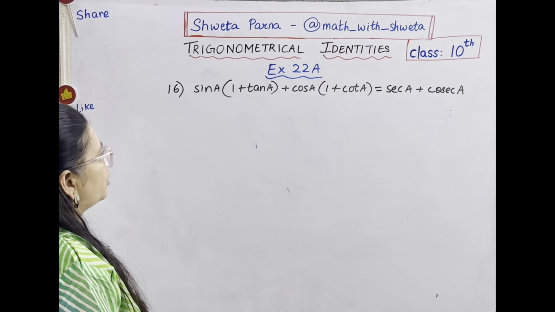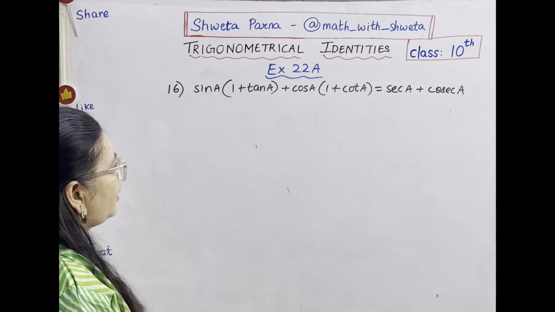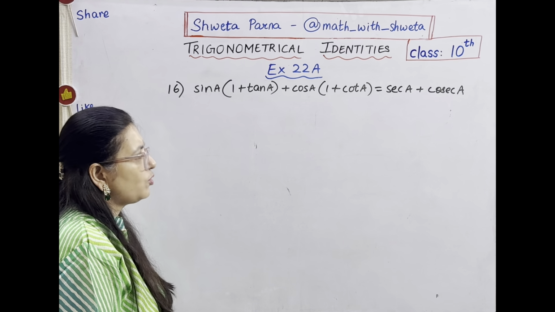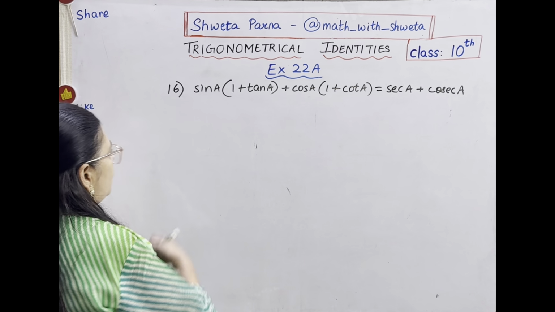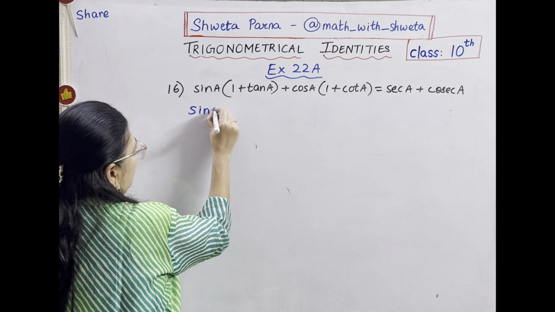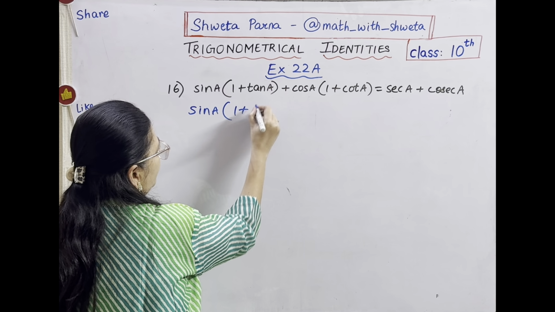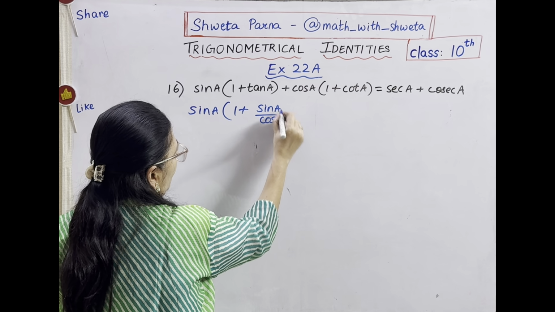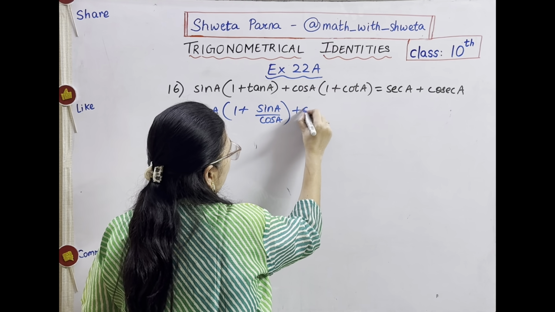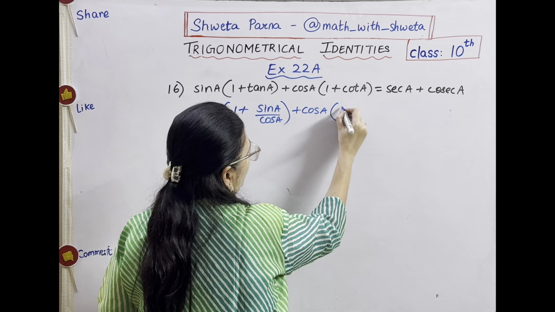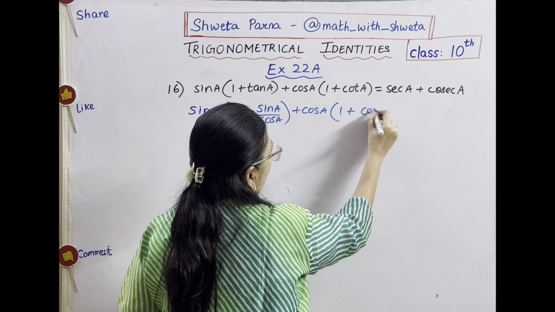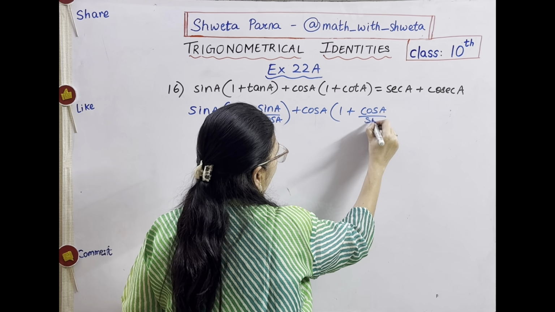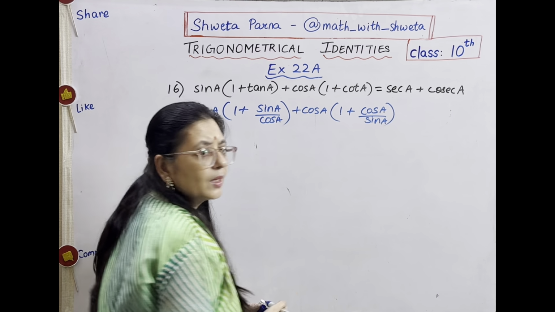Okay. Let's do question number 16. Sin A into 1 plus tan A plus cos A into 1 plus cot A. So let's do sin A. What is tan A? 1 plus sin A upon cos A. Okay. Plus cos A into 1 plus cot A, where cot A is cos A upon sin A. Correct?